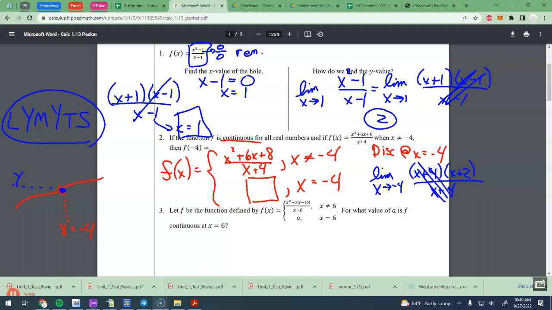If I plug negative 4 into that x plus 2, can you see this? So I have filled in this dot. Basically just filling in that hole. Question on 2 there?